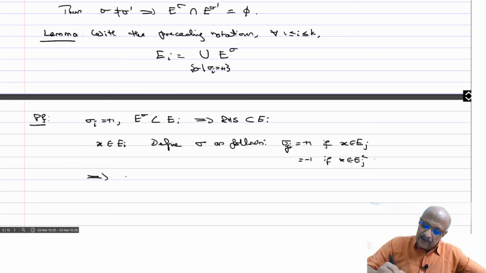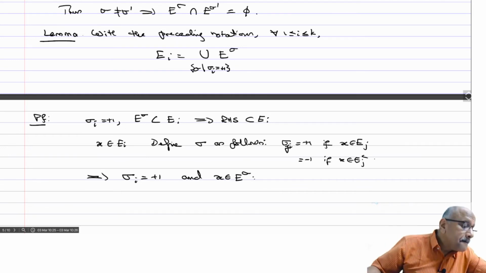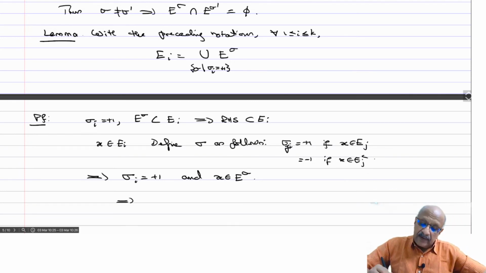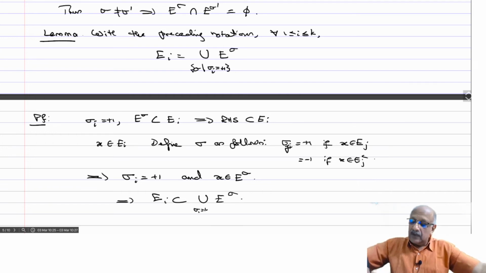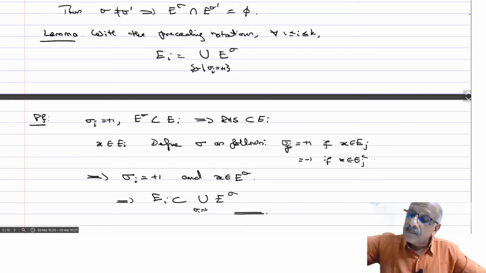And this implies that sigma i will be equal to plus 1 because x is in Ei, and x belongs to E sigma. So this implies that Ei is contained in the union of E sigma with sigma i equal to 1. Therefore the lemma is proved.